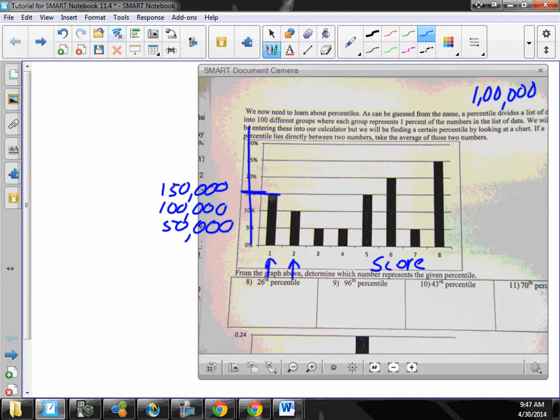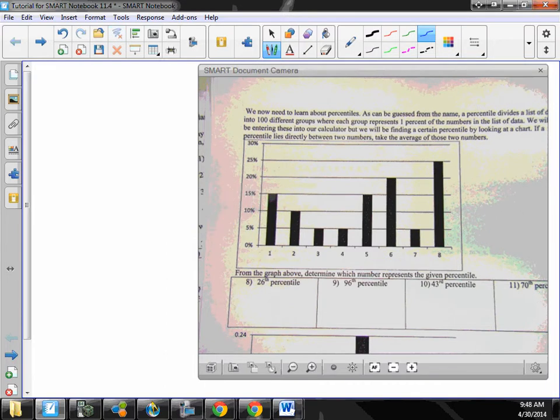If I were to change the percentages to actual values, is that going to alter the graph at all? No, it's still going to look exactly the same. So whether it's a frequency histogram or a relative frequency histogram, you're going to end up with the exact same shape. Just the labels of the y-axis are going to be different. Okay?